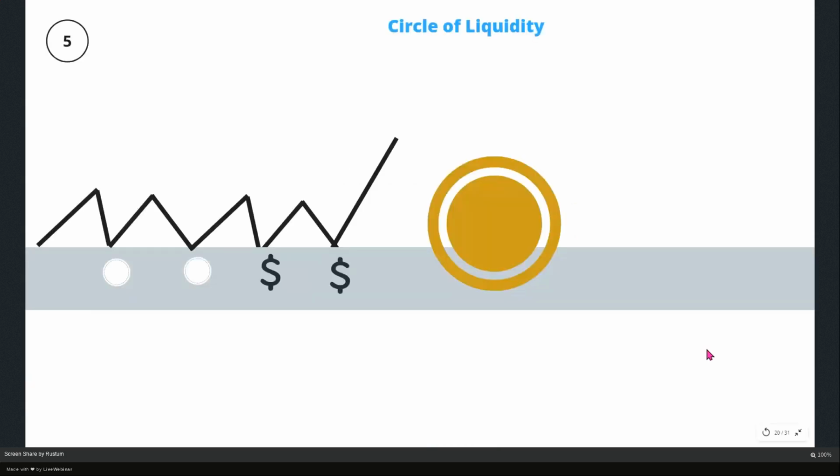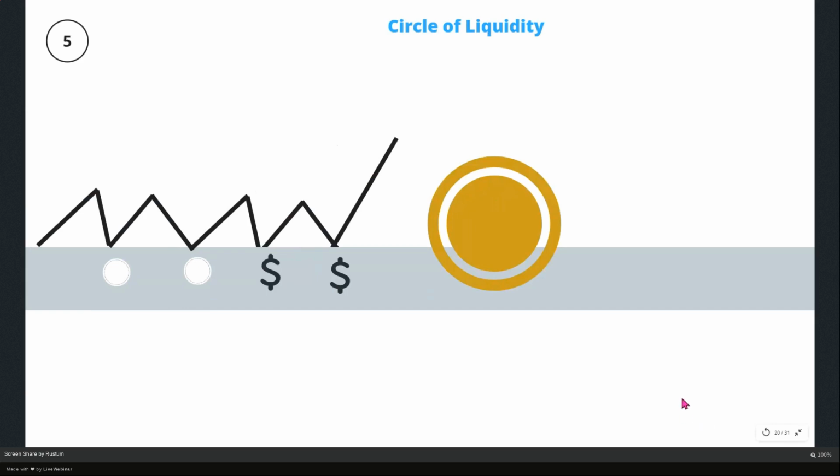So now we end up using that information for our next entry, which is the circle of liquidity entry. So how does the circle of liquidity work? Firstly, you find a decent level, qualified and untested.